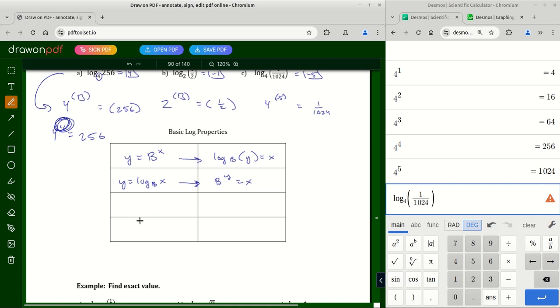Yay. Okay. What I also did right here is I said log base b of b to the x. What happens is you can cancel your bases and you're just left with an x. That's kind of nice. And if you got b to the power of log base b of x, similarly, you cancel your bases and you're left with just x. So there's a little bit of interesting there.